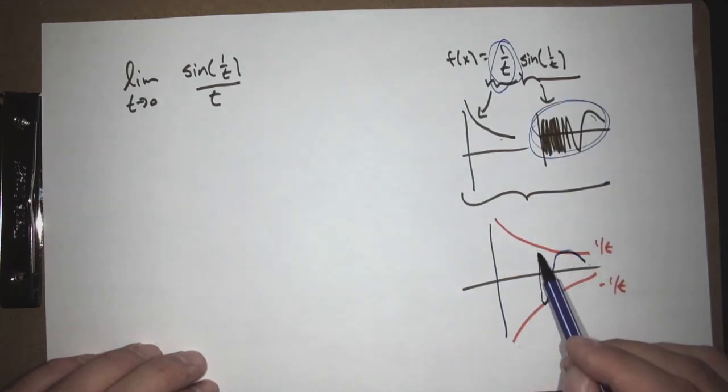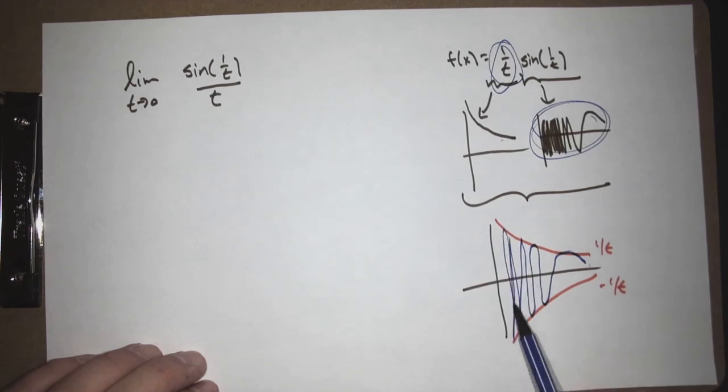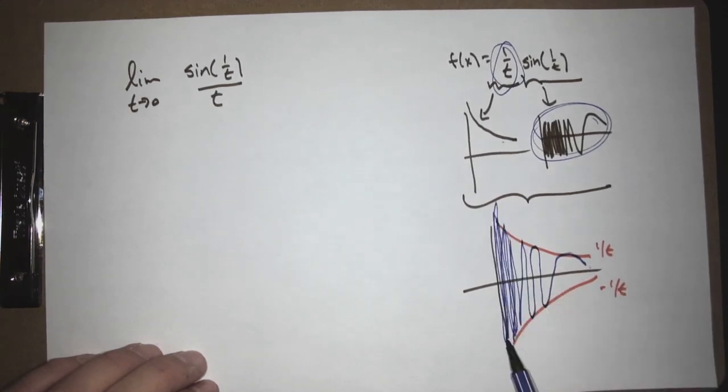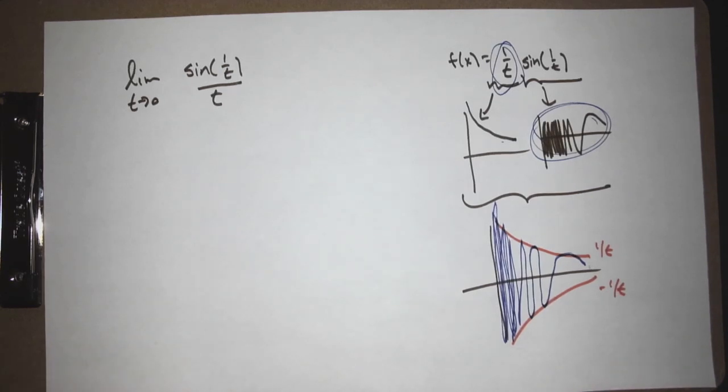So you're going to go up and down like that. So as t is going to 0, what number are you approaching? And the answer is yes. You're approaching all of them. And so in some sense, you're approaching none of them. So things can get very, very weird.